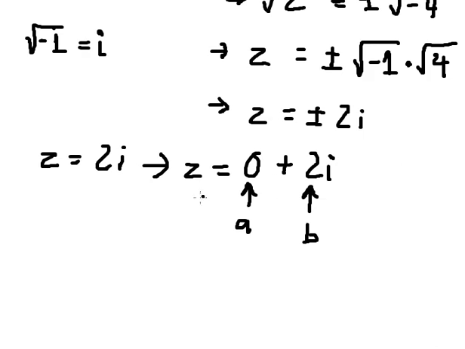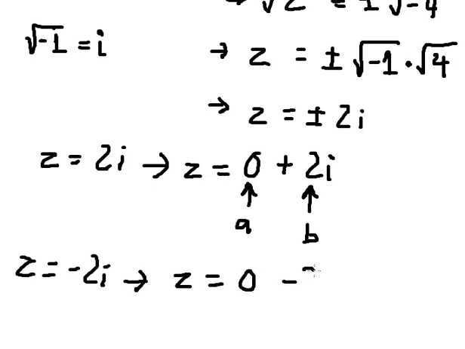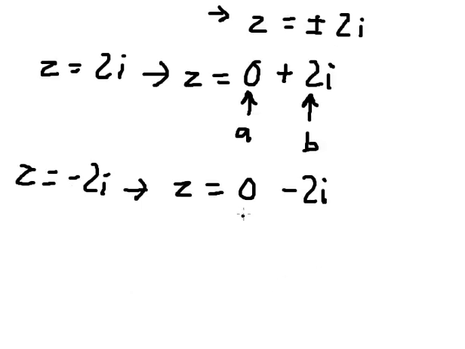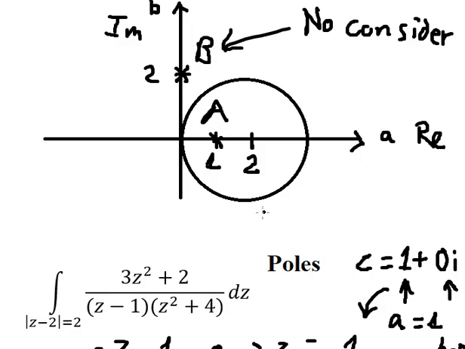Now let's go to the next one. z equals negative 2i. That means z equals 0 minus 2i. So 0 is a, and this one is b. So a equals 0, b equals negative 2.